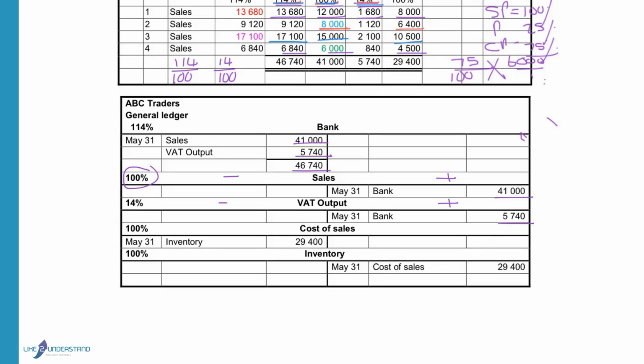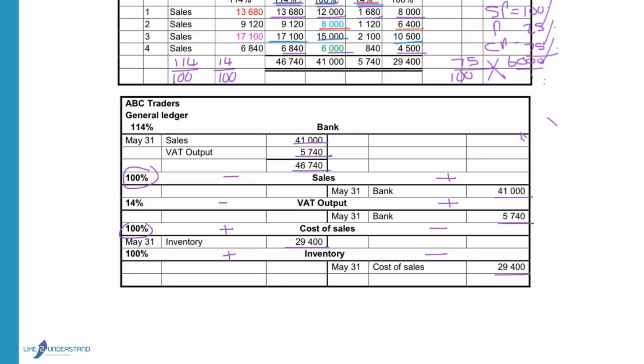The cost of sales account will be debited with 29,400 because expenses increase on the debit side, and it will always exclude VAT, so it's a 100% account. Inventory assets increase on the debit side, decrease on the credit side, so inventory will be reduced on the credit side with 29,400 excluding the VAT.